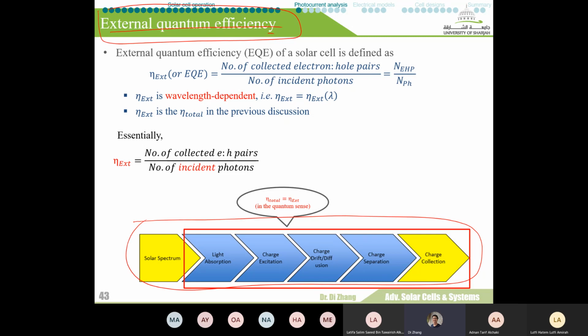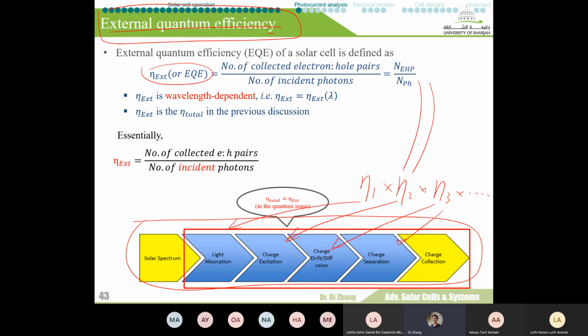Remember, it is the product of all the processes we mentioned before: the absorption efficiency, the excitation efficiency, the diffusion efficiency, etc. The total product is the so-called external quantum efficiency. This is something we can measure for our solar cell, and it will be very useful for further study on the solar cell.